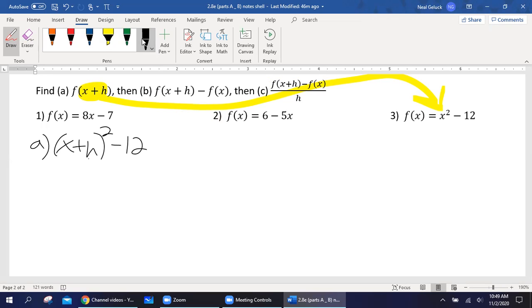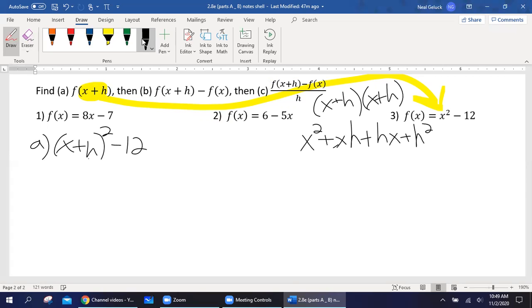Well, x plus h squared, I have to actually square that out. So off to the side, you could do x plus h times x plus h. Let's see what we get. We get x squared plus xh plus hx plus h squared. Okay, so that was foiling that out. Notice that these are actually the same term.